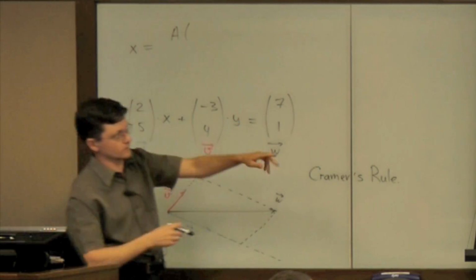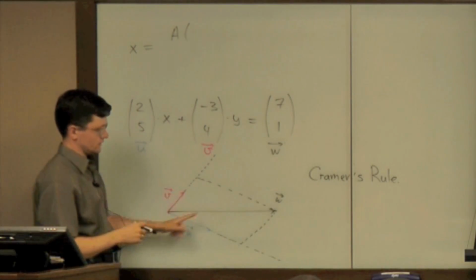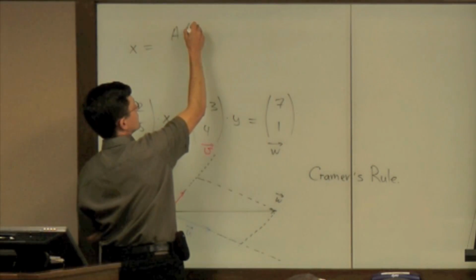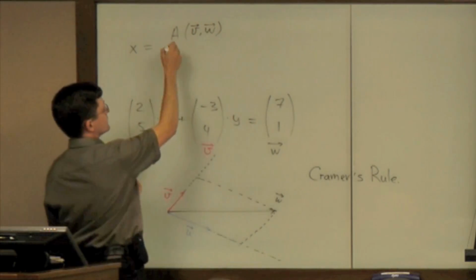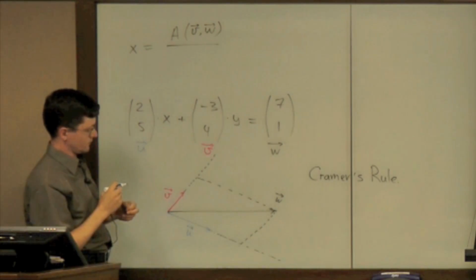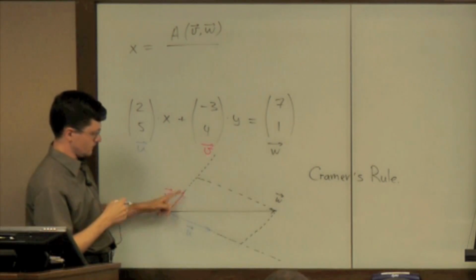So the ratio of that pink parallelogram, right? It should be the area on V and W divided by the area on that red parallelogram, the area on V and U.